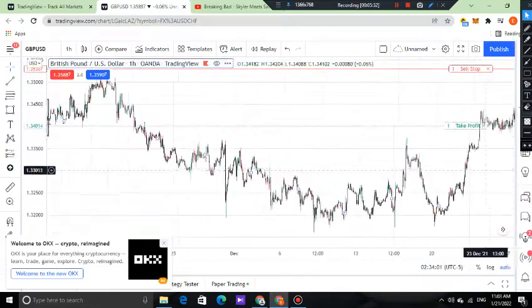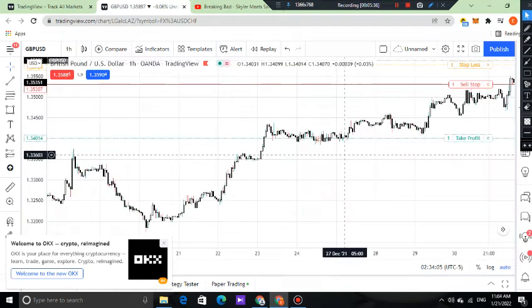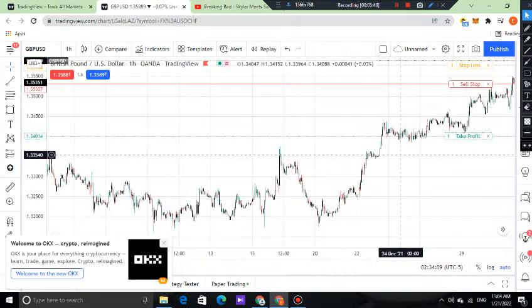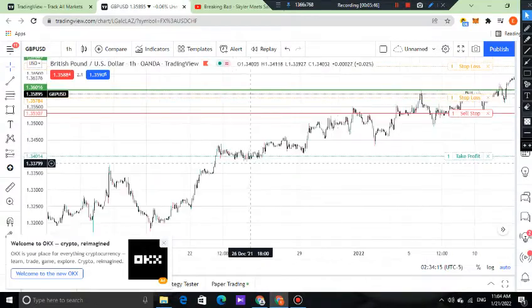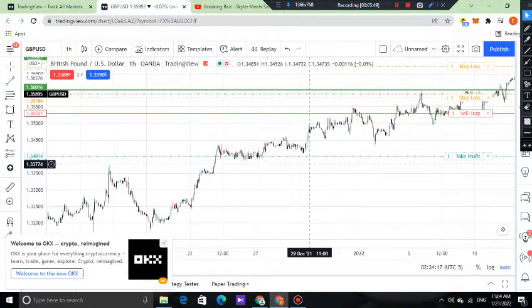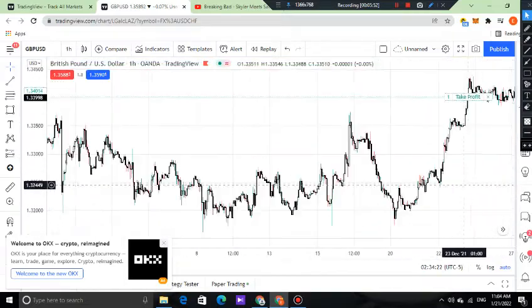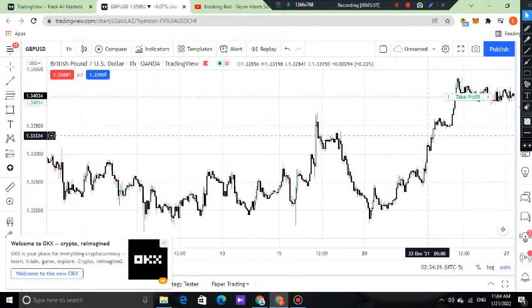But in a head and shoulders pattern, we expect to see a reversal, let's say 75% of the time, and there's just a 25% chance of failure.